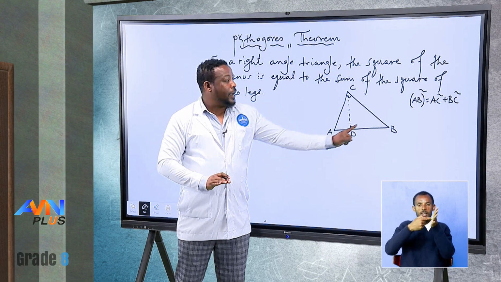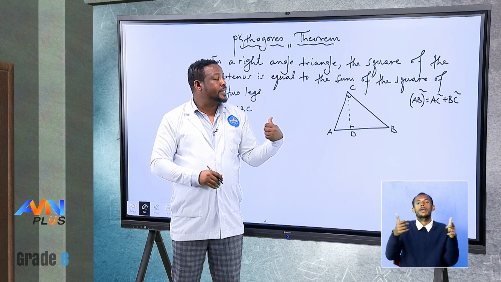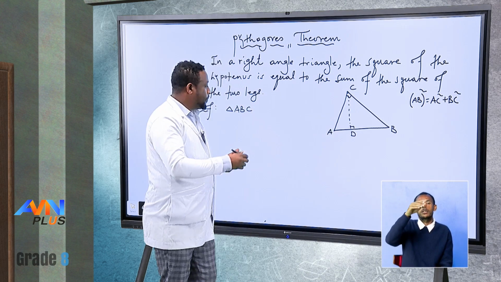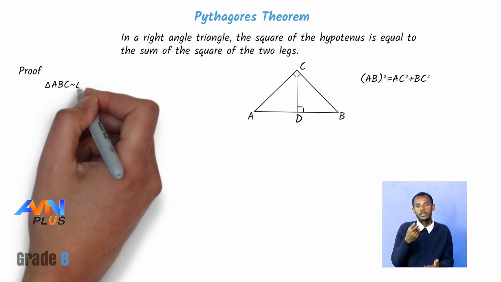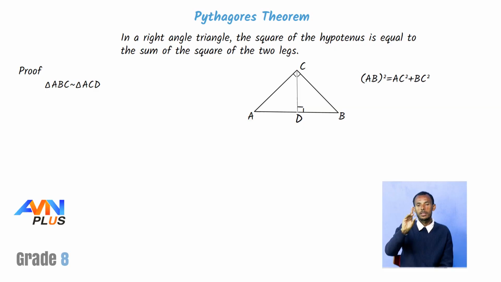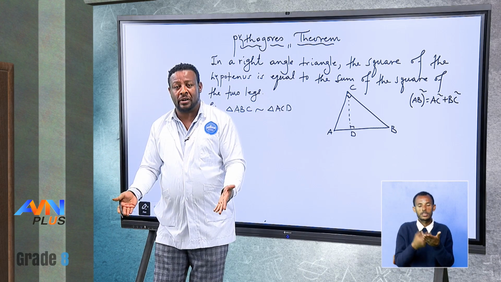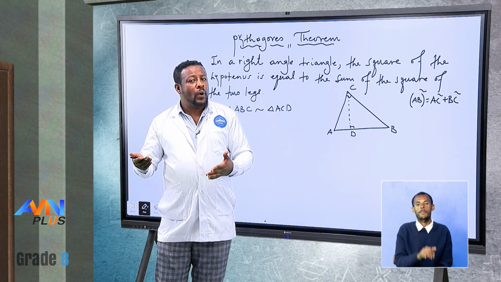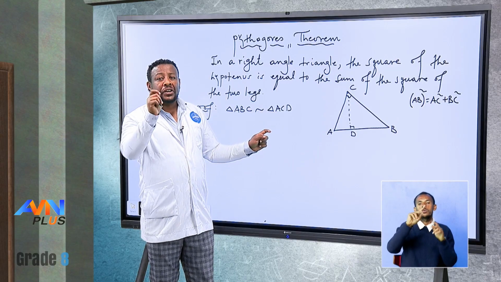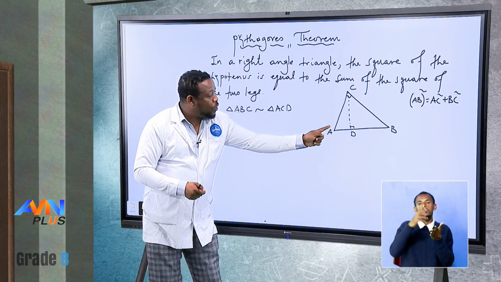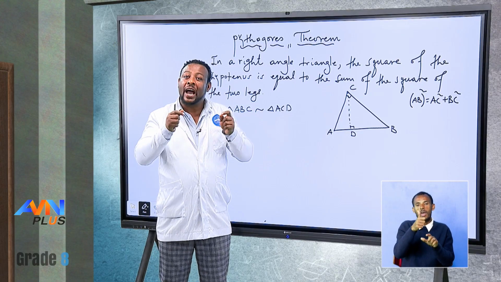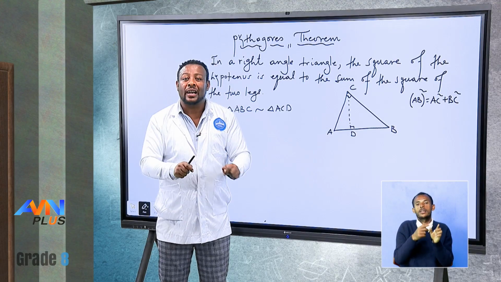Clearly, triangle ABC, the bigger triangle, is similar to triangle ACD. Why do you think these two triangles are similar? Well, you need to compare the two triangles. Clearly, these two triangles have common angle A, so they have one congruent angle.